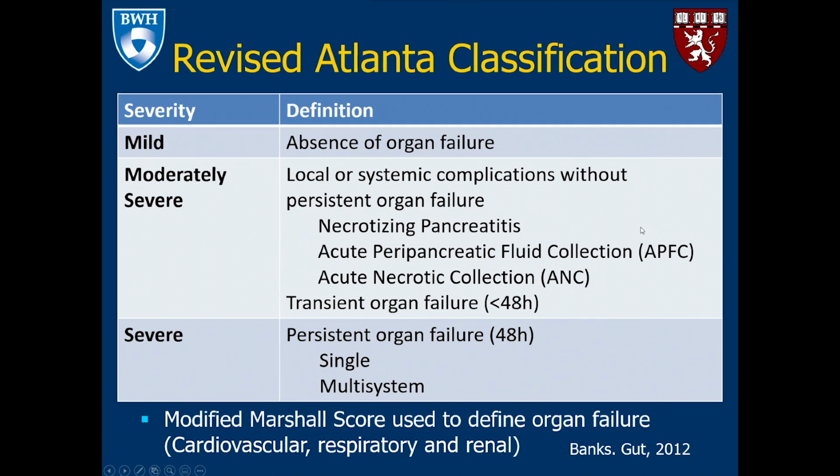So necrotizing pancreatitis, as I showed on the previous CT scan, acute peripancreatic fluid collection, and acute necrotic collection, or if there is presence of transient organ failure lasting less than 48 hours. And severe pancreatitis will be defined as persistent organ failure, and further classified as single or multi-system organ failure. The organ failure is based on the modified Marshall score.